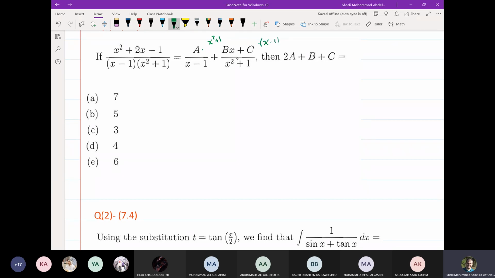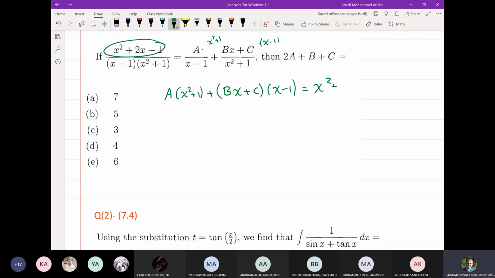In this case, you will get the same denominator in both sides. So then equate numerator with numerator. So in general يا شباب, a multiplied by x squared plus 1 plus the other numerator, which is bx plus c, multiplied by x minus 1, will be equal to this numerator. Okay?